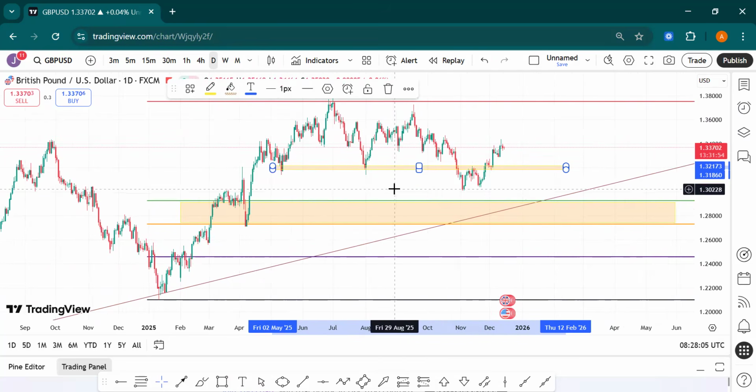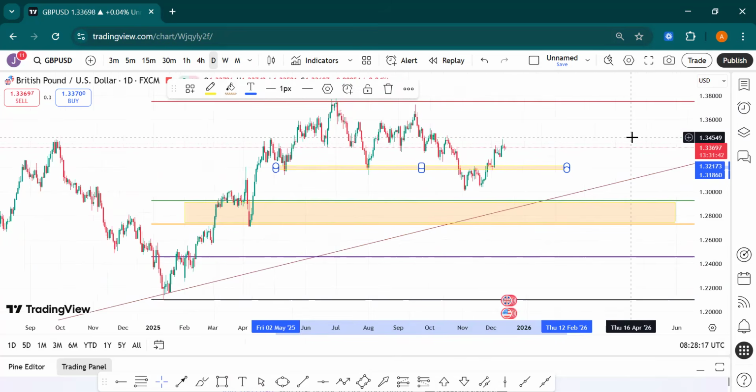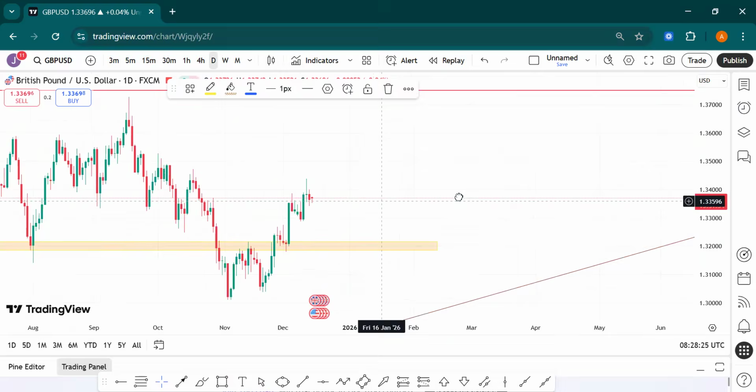So now on the daily time frame, what we have before us is an uptrending market, which aligns with what we had from the monthly time frame. However, like I said, I'll be mindful when engaging in buying this particular market. Now, let me zoom in to show us something.